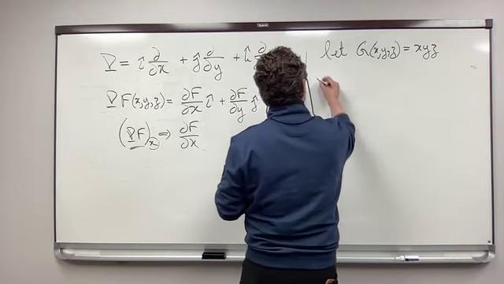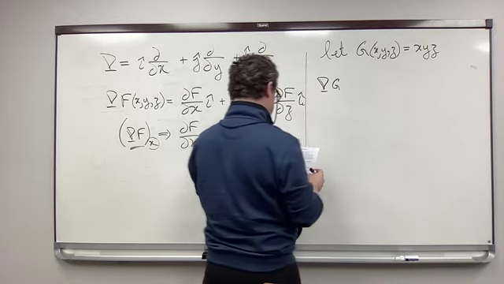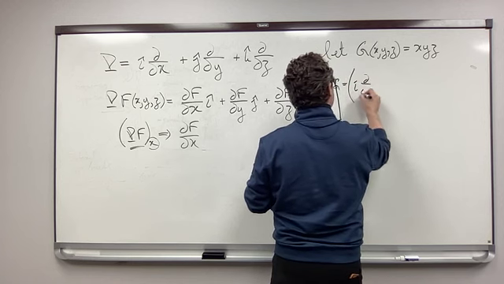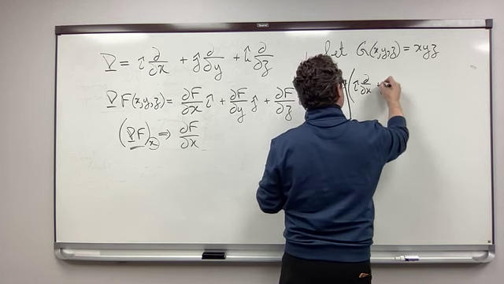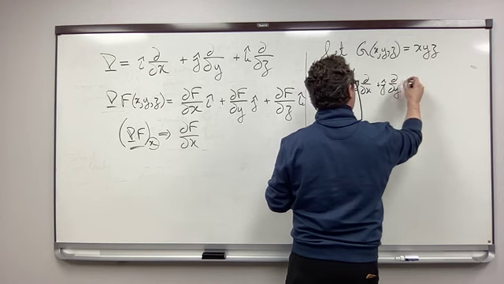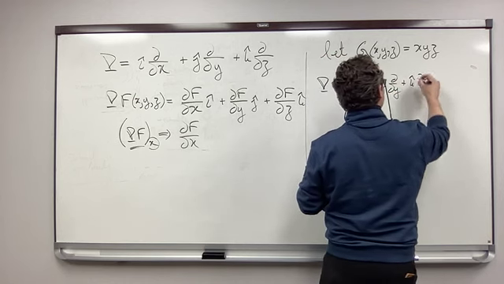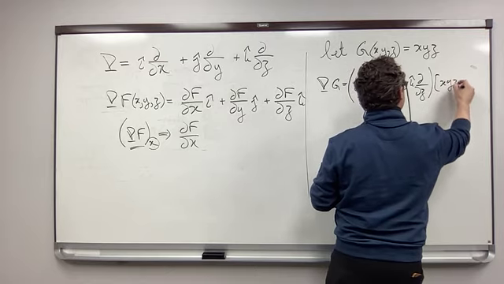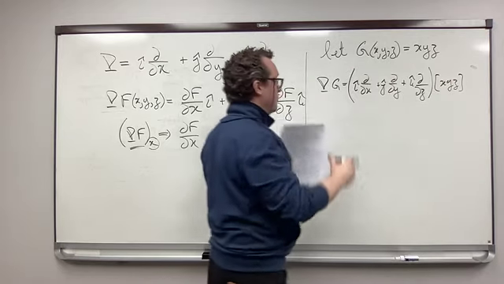So the gradient of g, the way we really write this, is i ∂/∂x plus j ∂/∂y plus k ∂/∂z, and it operates on xyz. I'm writing this really slowly as if we were doing this operator.